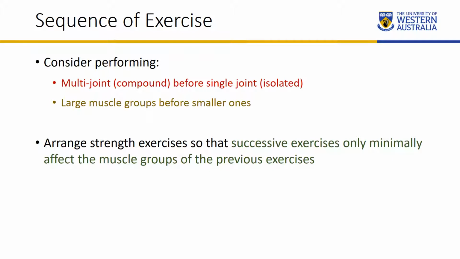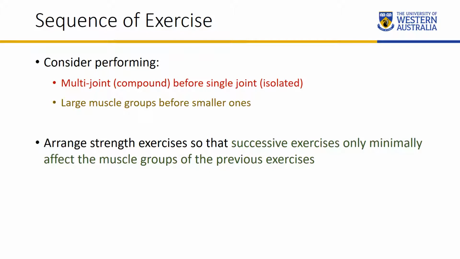This is helpful because it helps prevent the performance of the large muscle multi-joint exercise being affected by the fatigue of the smaller muscles. Using the bench press as an example, the anterior deltoid, pectoralis major and the triceps all contribute to the lift. If you did the tricep extension beforehand and they are fatigued, the ability to perform the bench press could be adversely affected.